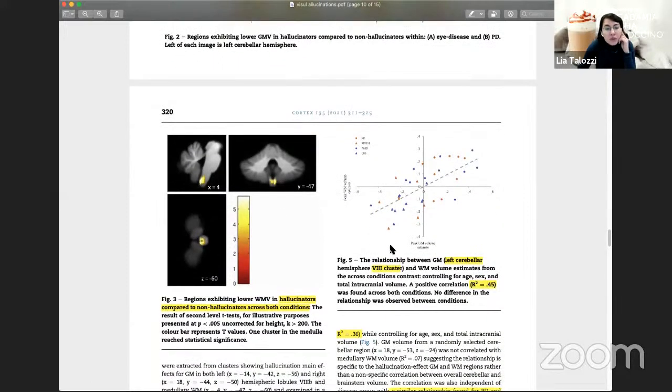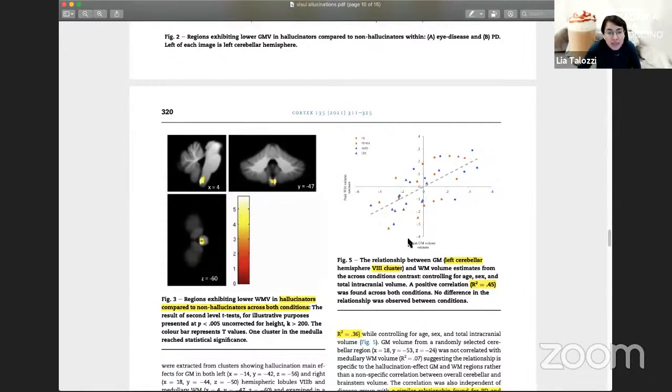And then they also compared if there were correlations of regions reported with gray matter atrophy and also white matter volume loss. And they found really good correlations. Here is reported in the lobule 8 hemisphere cluster in the left cerebellum. Here you can see patients, so PD with and without hallucination, and Charles-Bonnet syndrome, and the eye impairment only disease.